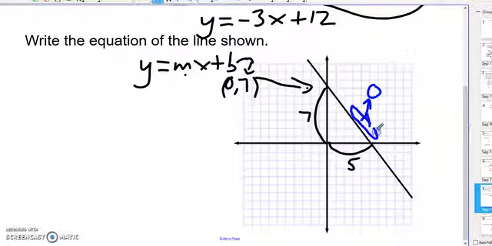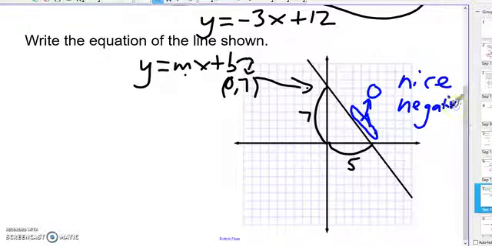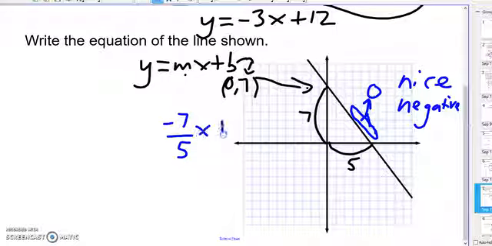And this snowboarder thinks that this is a really nice line because it's smooth sailing and it can go down this hill. So this is a nice negative line for them. And so we have a rise of 7 and a run of 5, and this will be a negative slope line. So the slope is -7/5, x plus, and we said our intercept was 7. So this is the equation of the line.